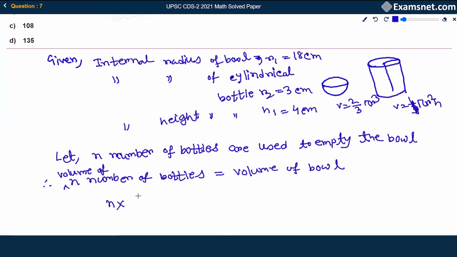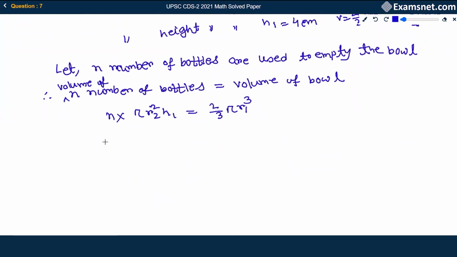The volume of n bottles will be n multiplied by pi r2 square h1, and the volume of bowl is 2/3 pi r1 cube. Let's put all those values for r1, r2 and h1.